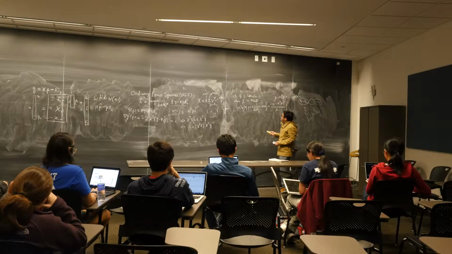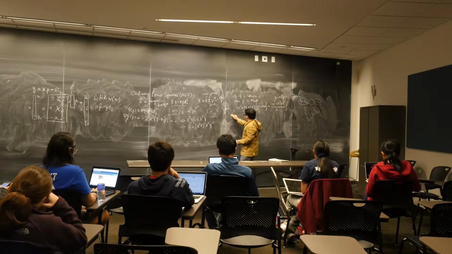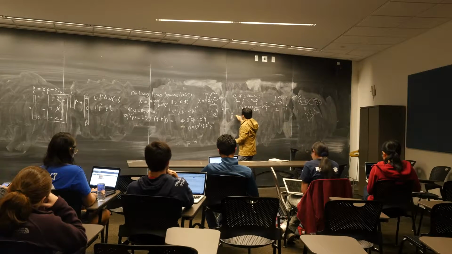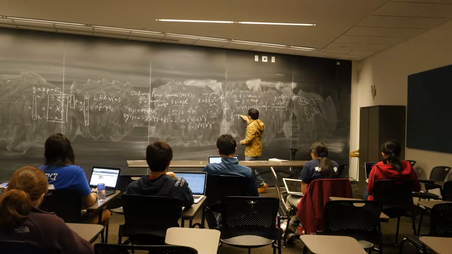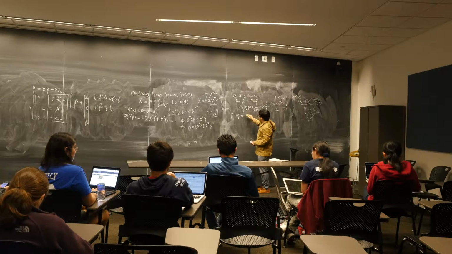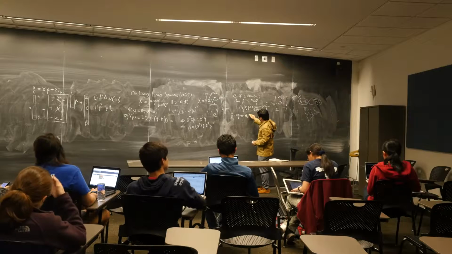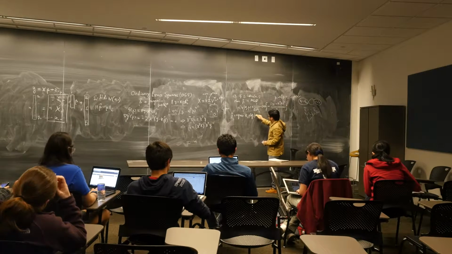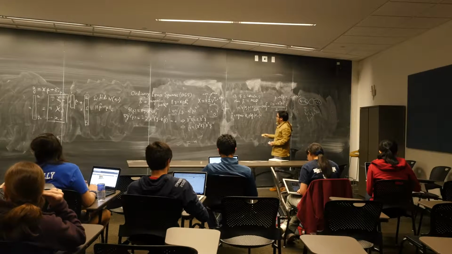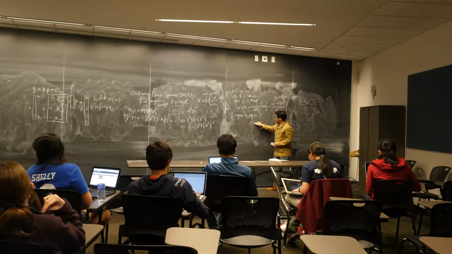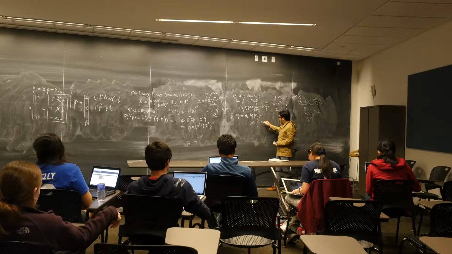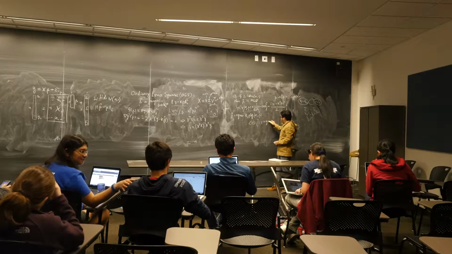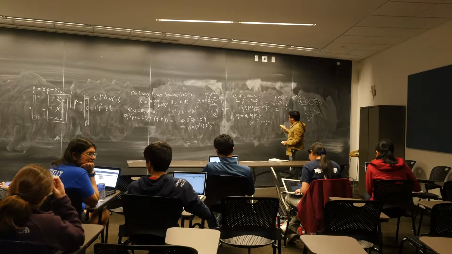So beta hat maximizing this is equivalent to beta hat minimizing the sum of squares.